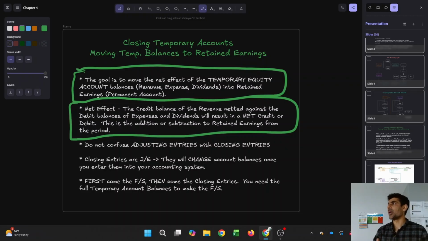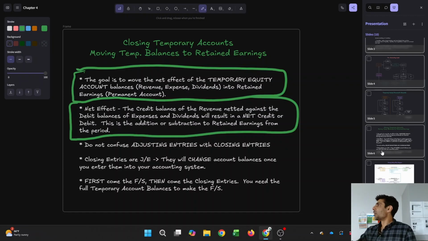You could have made a loss, or you could have paid out more dividends than you earned in net income. So the net effect could be a credit balance or a debit balance. You're going to see what that is based on what happened in your period, and then you're going to update retained earnings with that debit or credit.